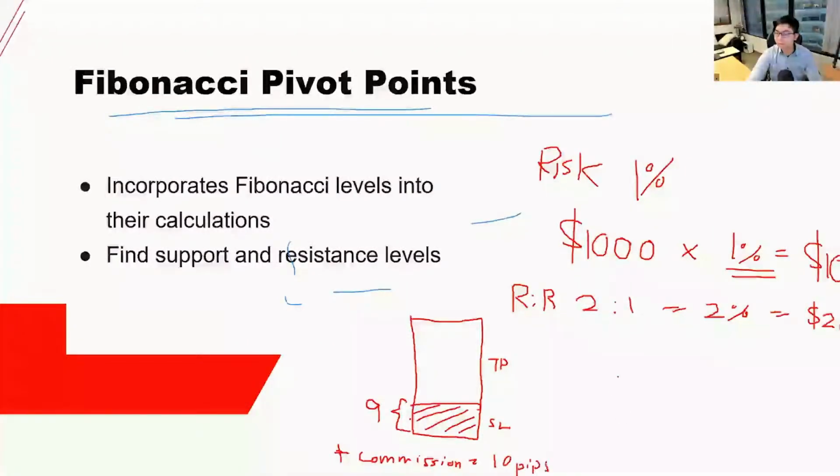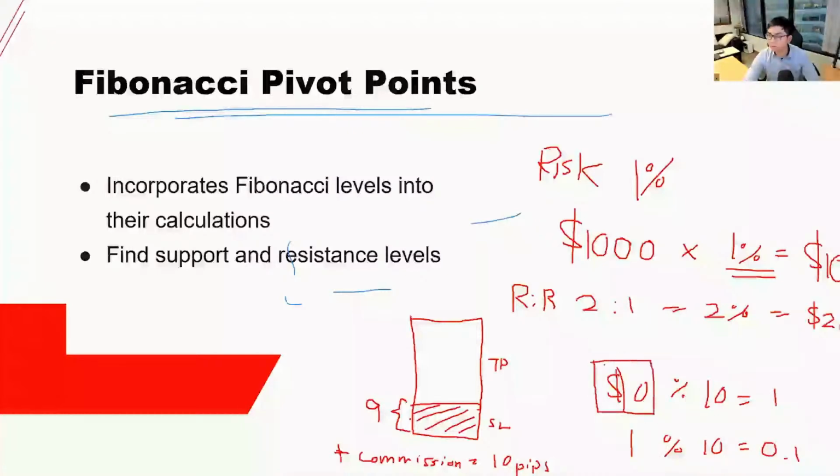So we take our $10 divided by 10, which equals 1. And then you take your 1 and divide by 10, so you get your lot size. So it is your risk amount divided by the pips you are risking, and then divide by 10 one more time. This is just a manual calculation.